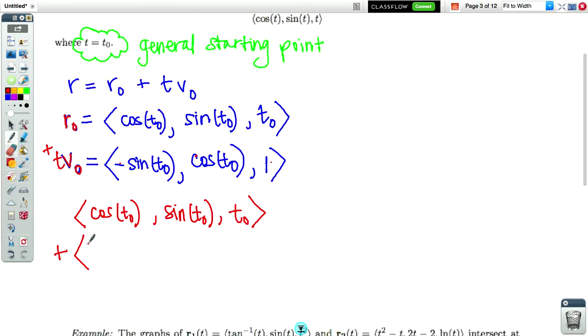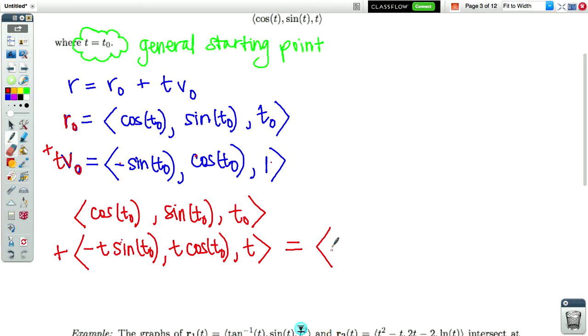So then I'm going to add negative t sine of t sub 0, t times cosine of t sub 0, and then t times 1, so just like that. And my answer gives me a new vector valued function, which is a tangent line.